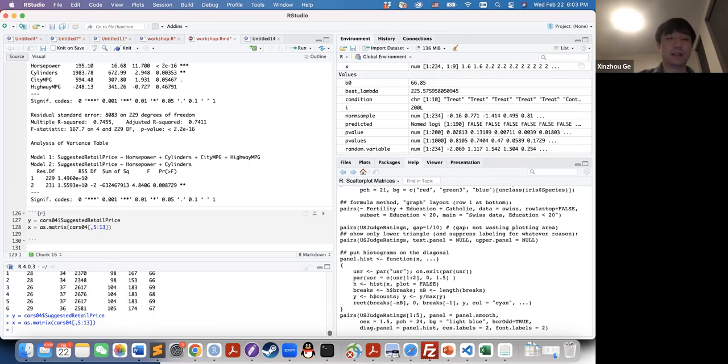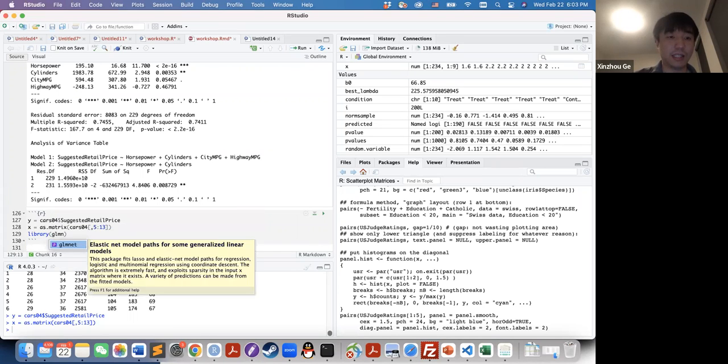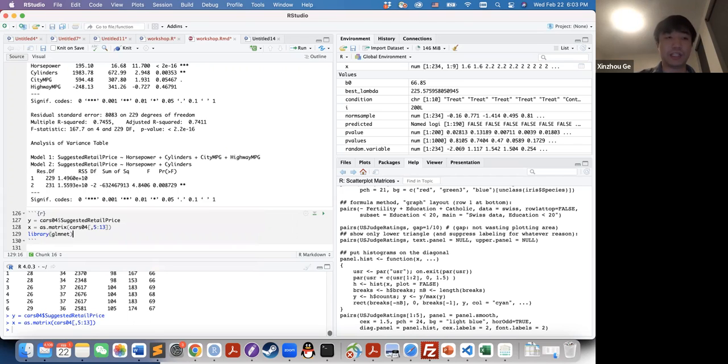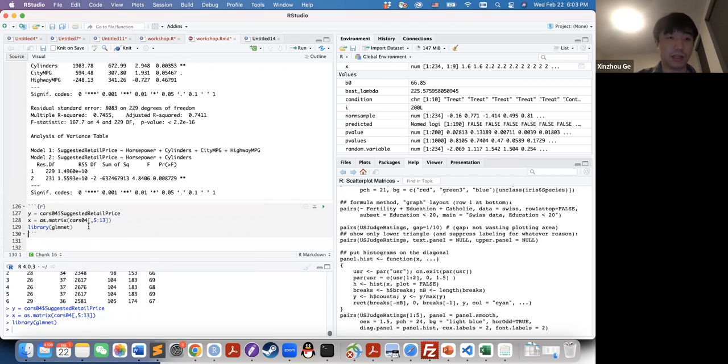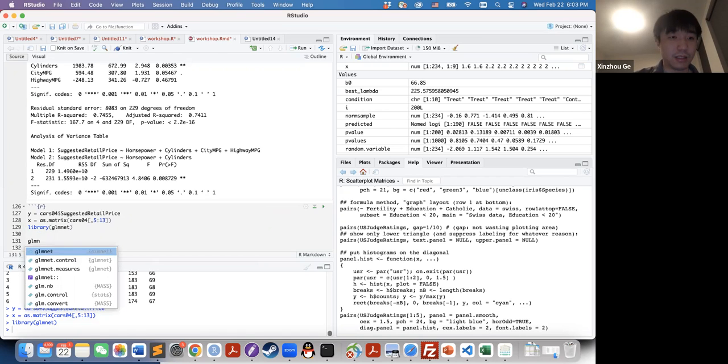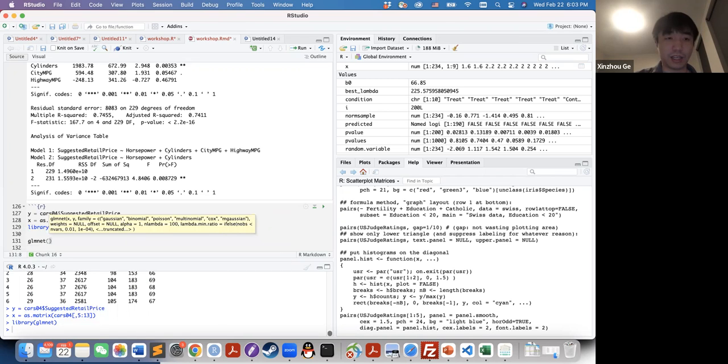And then we can library the glmnet package, which is needed for the lasso and ridge regression models. We can also make a prediction by using the glmnet function, and x will be the predictor and y will be the response.